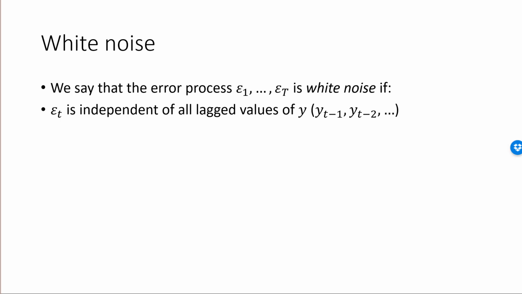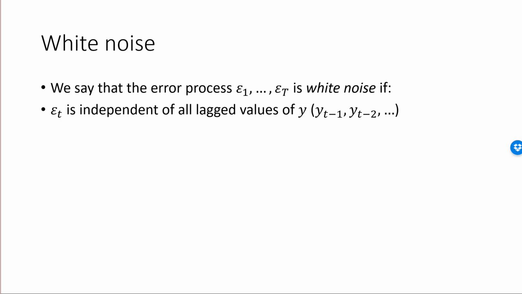Obviously, it's not going to be independent of yt, since yt is partly determined by this error term epsilon t. But the point here is that the previous value of the dependent variable yt minus 1 will affect the value of yt today, but not the shock.